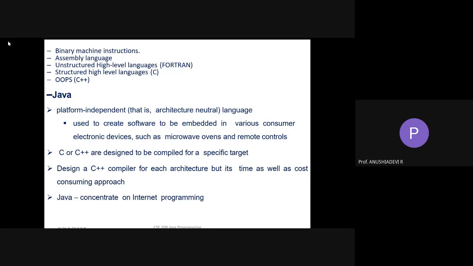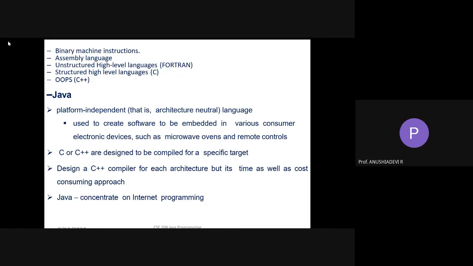What does platform independent mean? You write once and run anywhere. What does that mean? In C++, if you want to execute your code on a Unix platform or on a Windows platform, you have to make some modifications to your code.